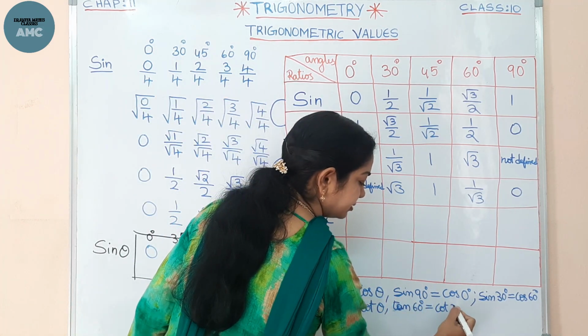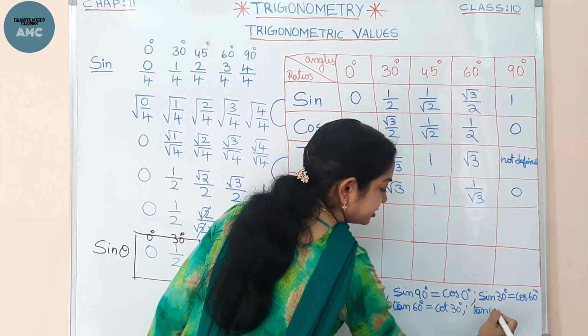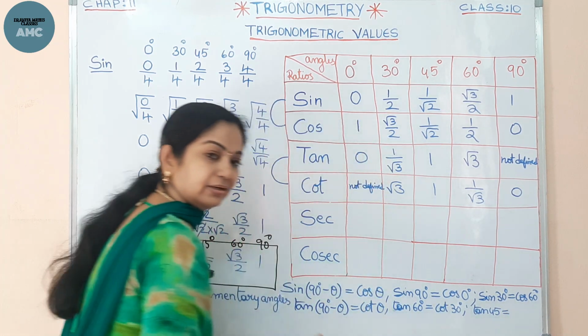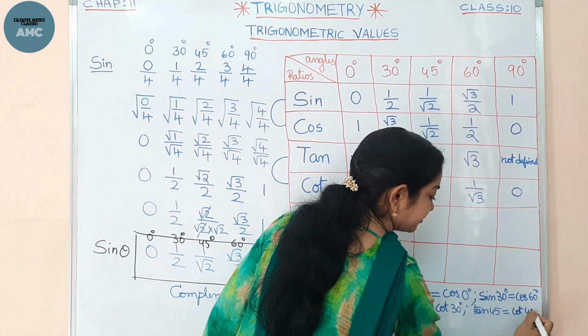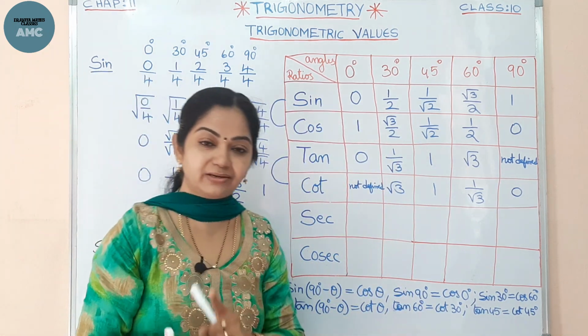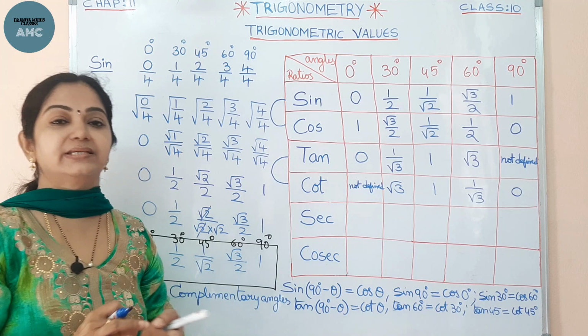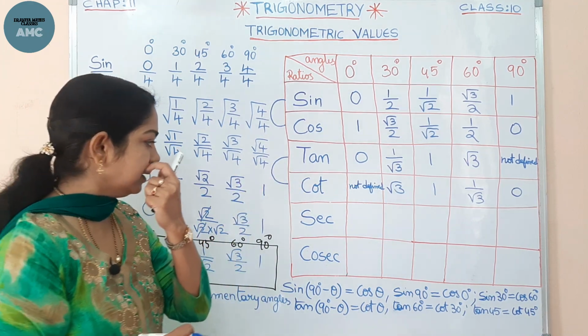Cot 30. Likewise, tan 45 is equal to cot of 90 minus 45, again 45. So cot 45. That means tan and cot not only form a complementary pair, but are also reciprocals, the multiplicative inverse. Only for tan and cot, this is a specific thing.